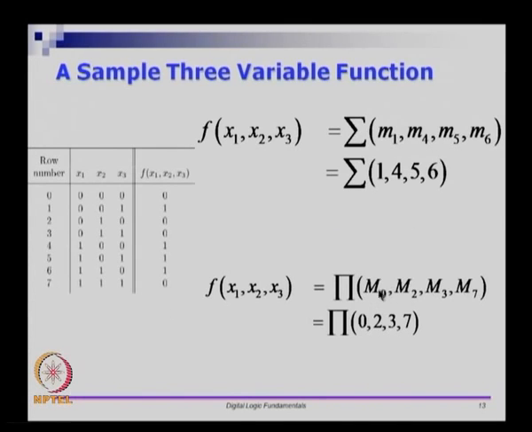So you collect all the zeros, and you put a pi, which implies you are actually taking these as max terms first, and then you are doing a product of the max terms, and since pi goes with capital M, you can silently drop the capital M, and you have it as pi of 0, 2, 3, 7. So given a truth table, you can write the canonical sum of products using this sigma notation, and the canonical product of sums using the pi notation.